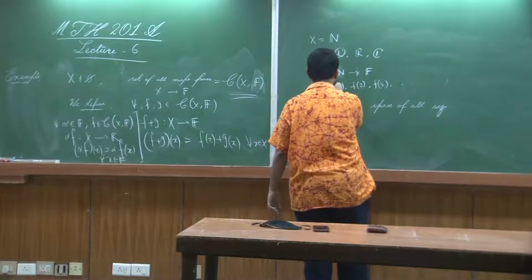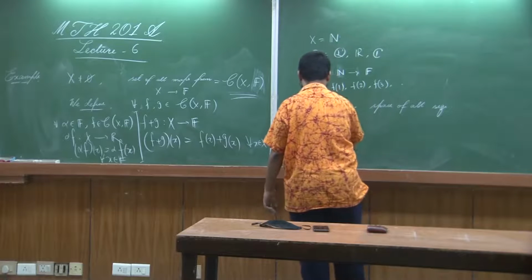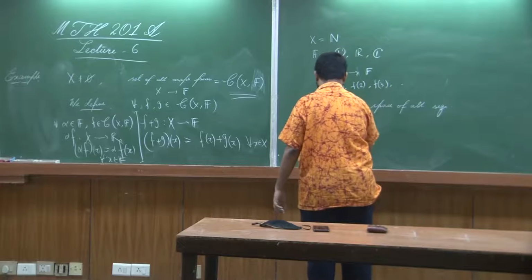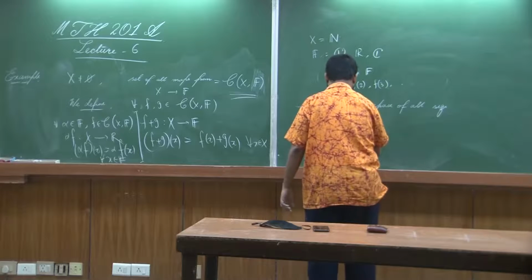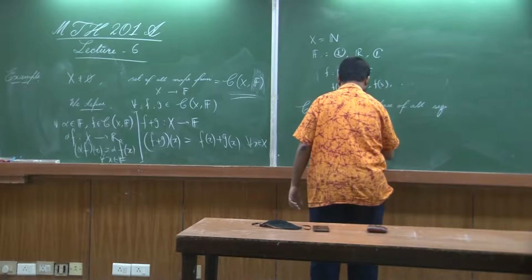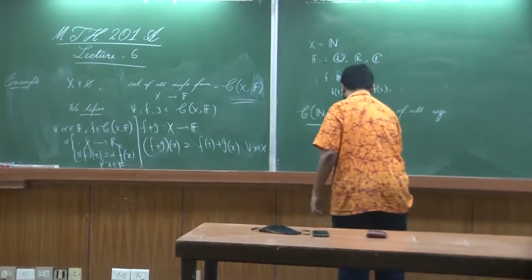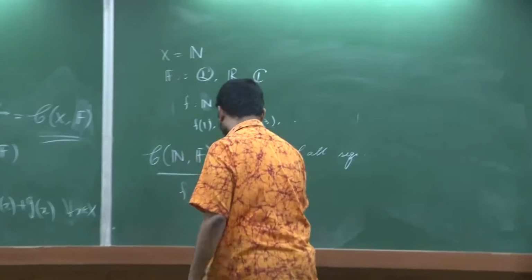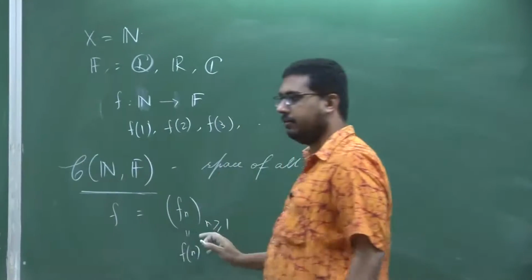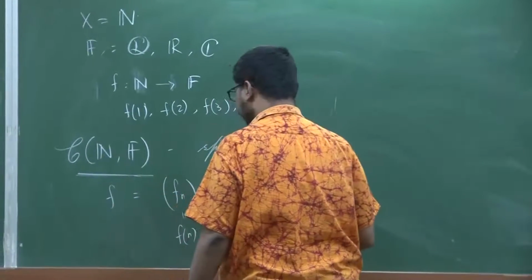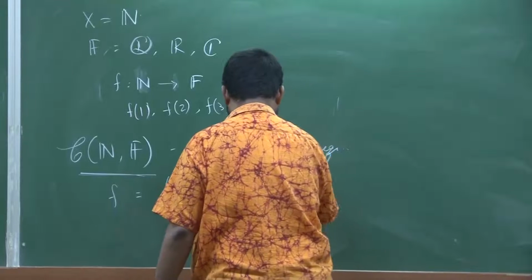So given a function here, which we usually write in our sequence notation, this is how we write. So what is f_n? The value of the function at the given point n. This is the notation I have for a sequence. Now for two functions f and g, what is f plus g?